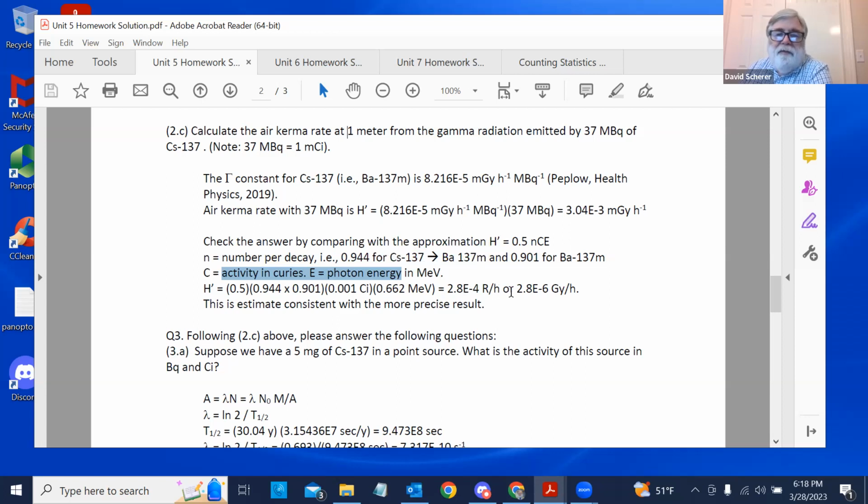The approximation is in R per hour, so I had to change it to SI units. It's about 3 times 10 to the minus 3 milligray. That's what I had before, 3 times 10 to the minus 3 milligray. So that gives me confidence that I had the right answer. That's the only reason for adding that step.